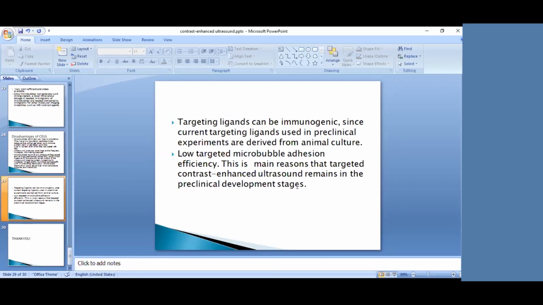It is still in animal trials. They haven't tried it on humans yet because of many issues. We said it could be immunogenic. The adhesion between the microbubble and the ligand could be of low quality, so it can affect the human being. That is why it is under preclinical trial. It didn't reach humans.